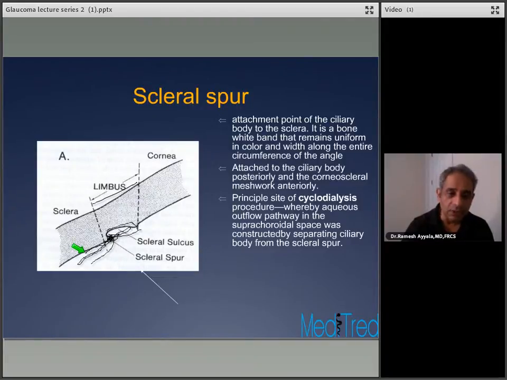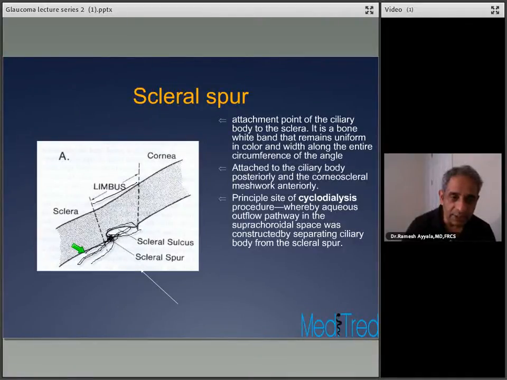This is also the same path that some of these newer surgical procedures, actually not new but newly modified, such as the supraciliary shunt procedures that people are talking about nowadays, access this very space. So it's important for you to understand where this is.